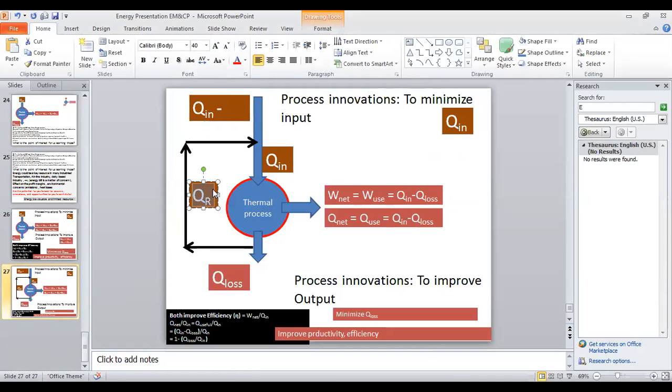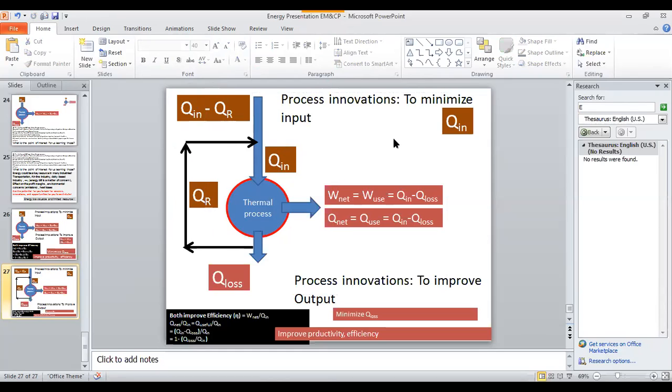QR. Yes, now this is the input: Q in minus QR. Because that is the new Q in, because you are recovering the loss.